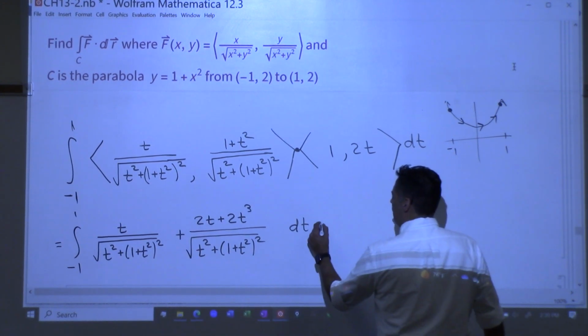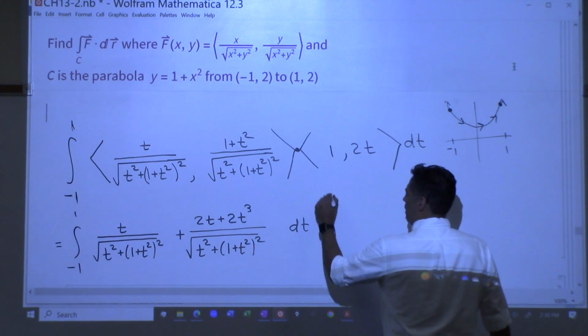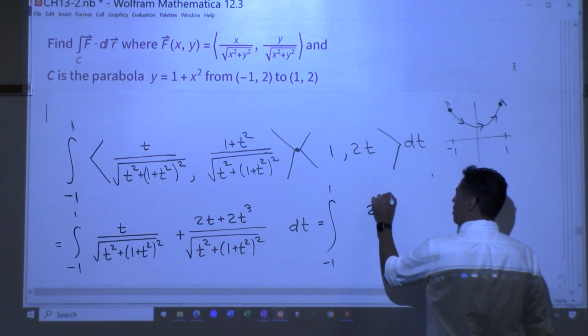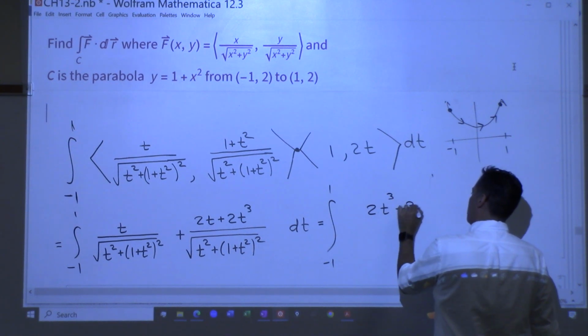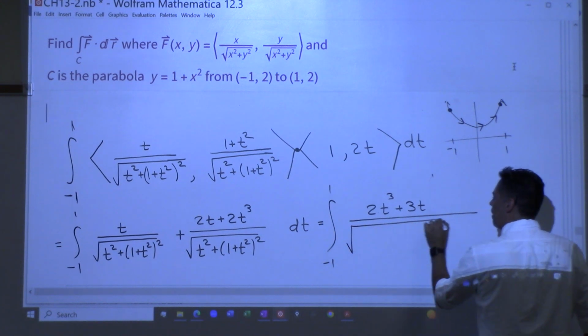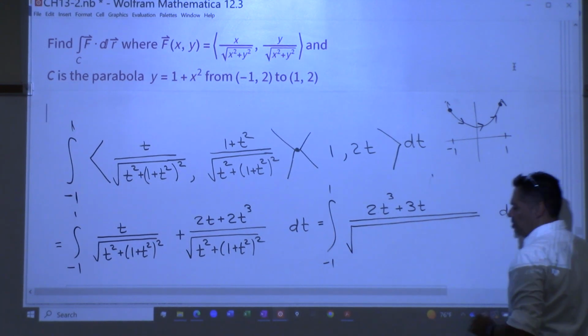Let's put it together. I have a feeling something good's going to happen. If I put it together, on the top I've got 2t cubed plus 3t. And on the bottom, I have the square root of it, dt. Let me actually expand this.